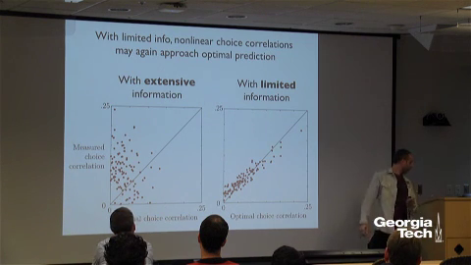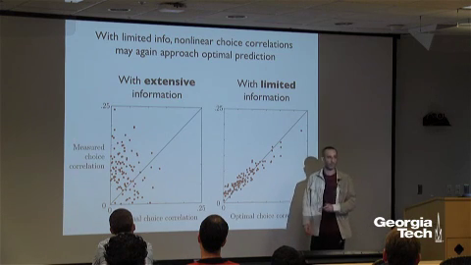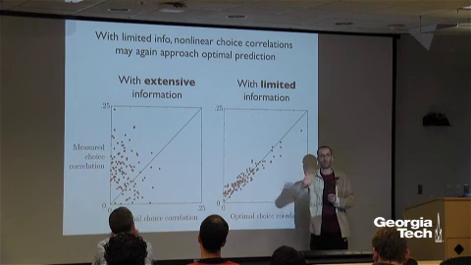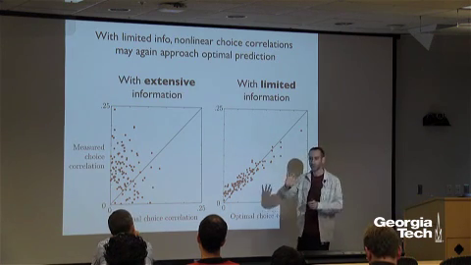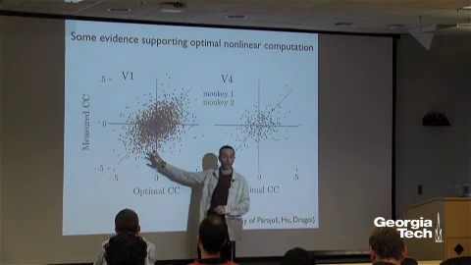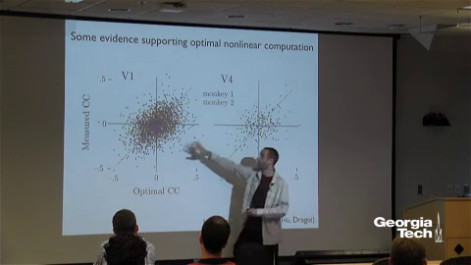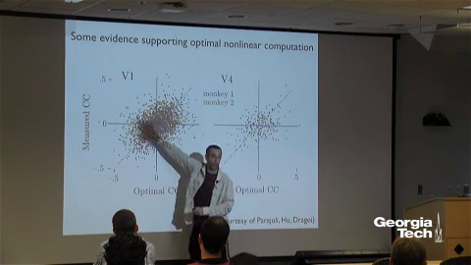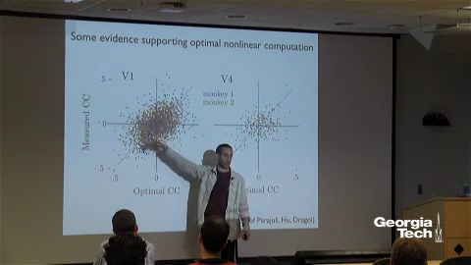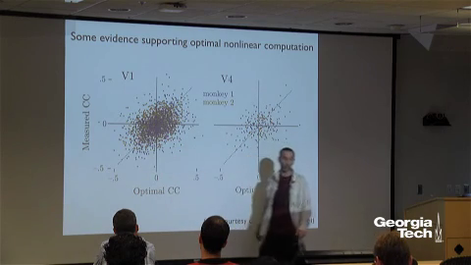So I'm going to show you a data slide now. This is data from Valentin Dragoy's lab, where he looked at monkeys that were discriminating between two natural images that were rotated. And we measured the nonlinear choice correlations here for 2 different animals, monkey 1 and monkey 2, blue and yellow, and in area V1 and area V4. And we get a lot of scatter here, but there's a blob that's elongated, and that elongation has a slope near 1.